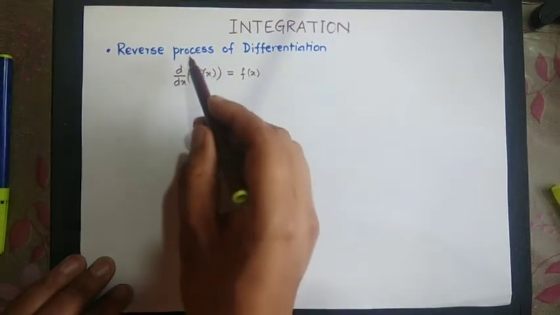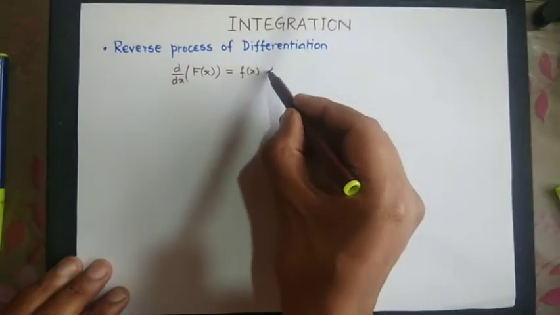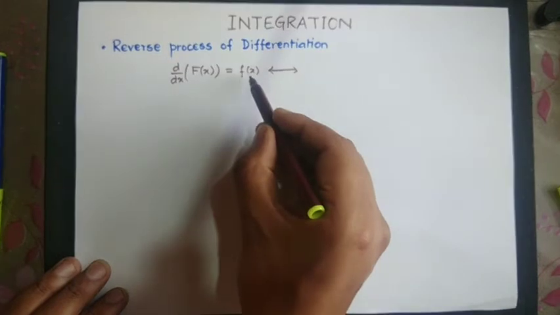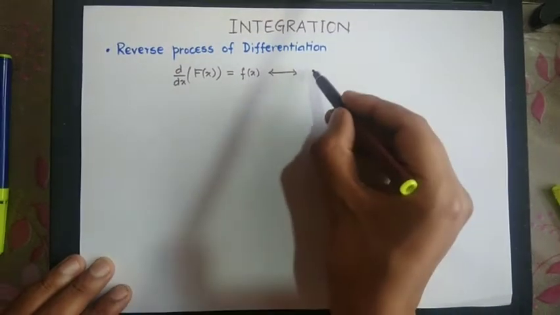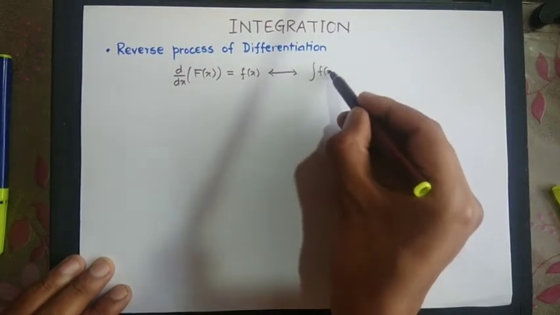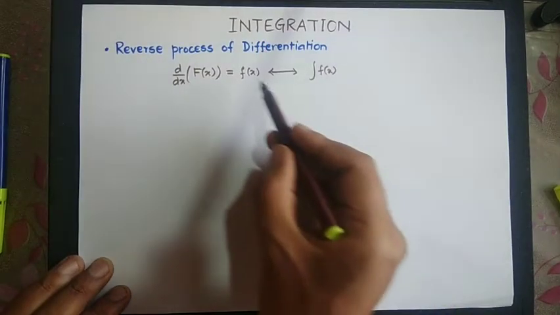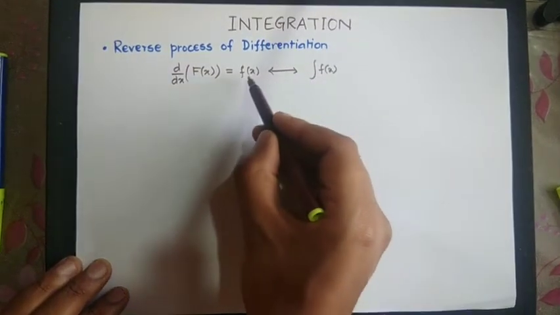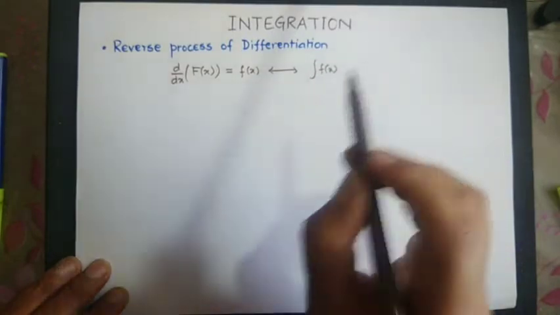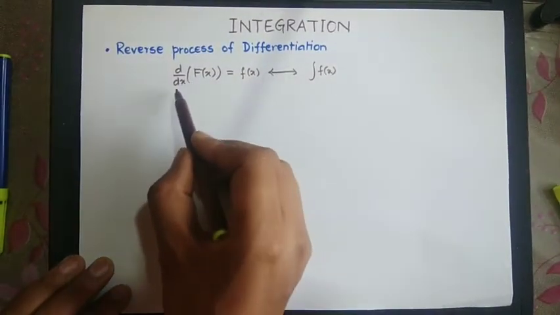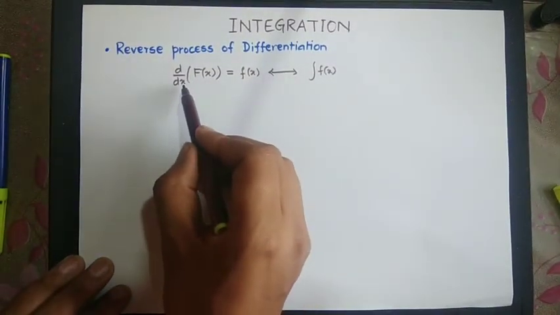Now according to integration, if I integrate the function small f(x) with respect to x, whenever you write differentiation, you write dx in the denominator, right?